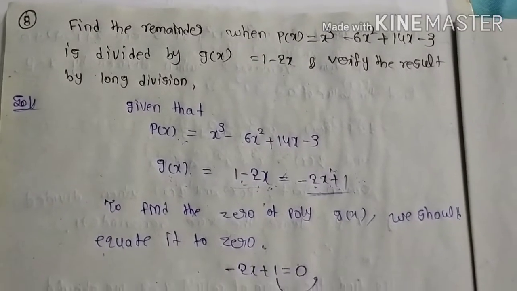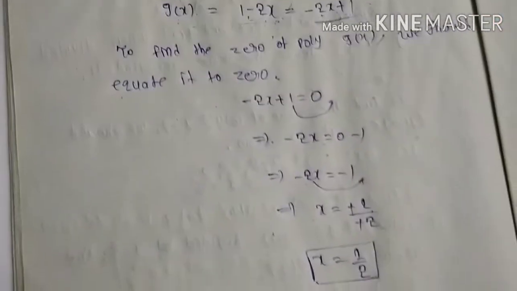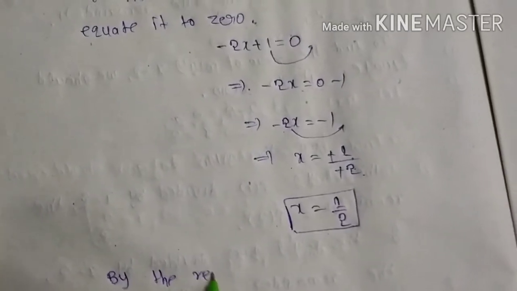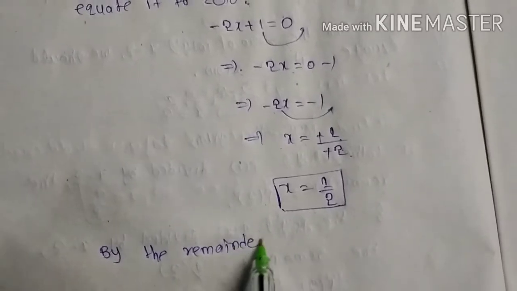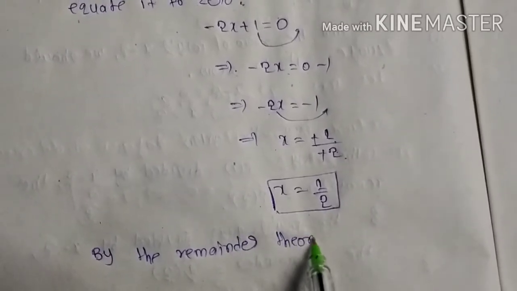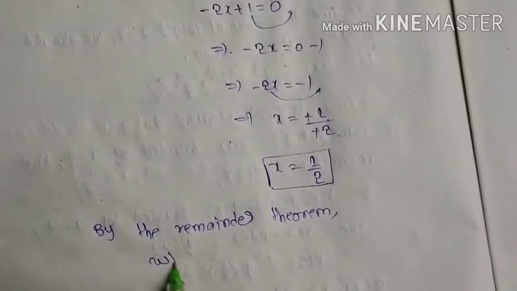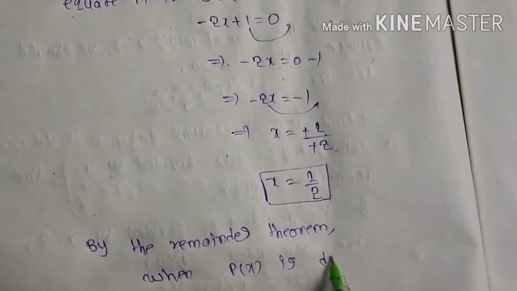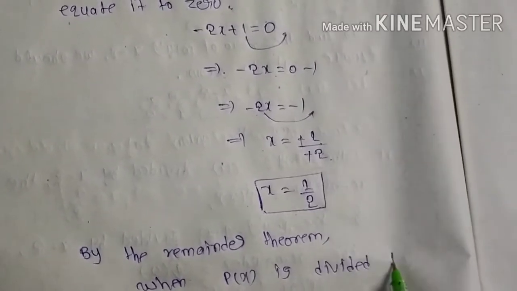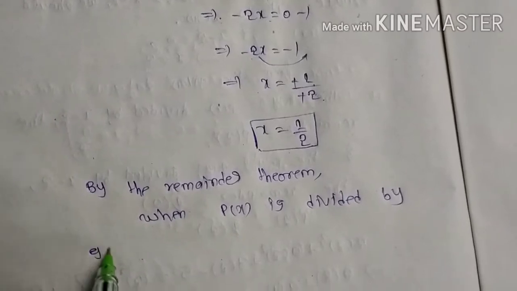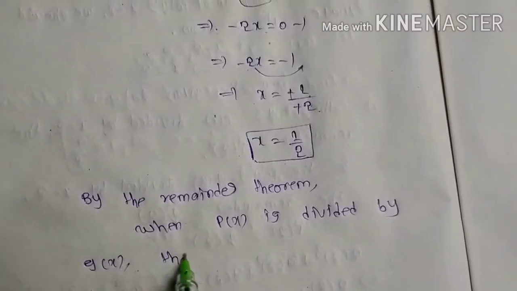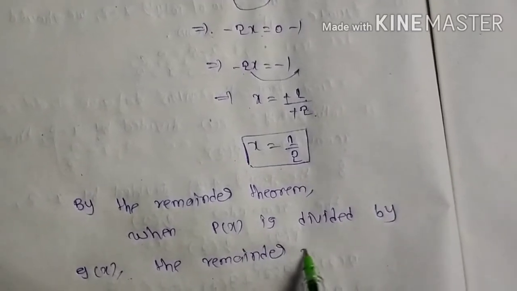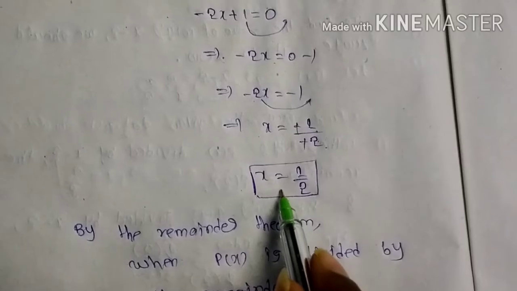Once you can see here what they have mentioned, the p of x is divided by g of x. By the remainder theorem, when p of x is divided by g of x, the remainder is equal to, see here, x is equal to how much?